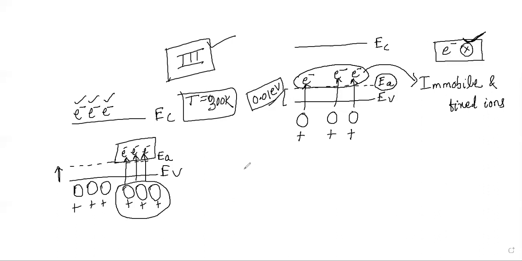So by adding these group 3 elements to an intrinsic semiconductor like silicon or germanium, you didn't change the electron concentration in the conduction band, but you increased the concentration of holes. If I write the concentration of holes as p in the valence band.